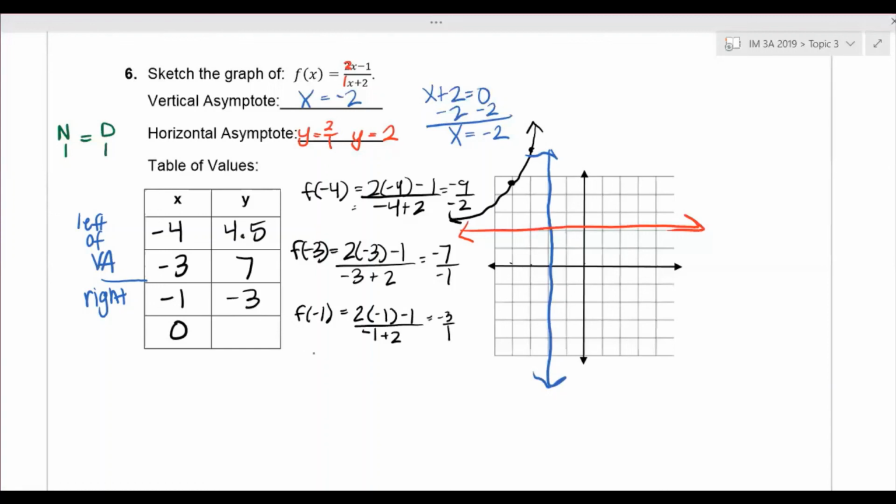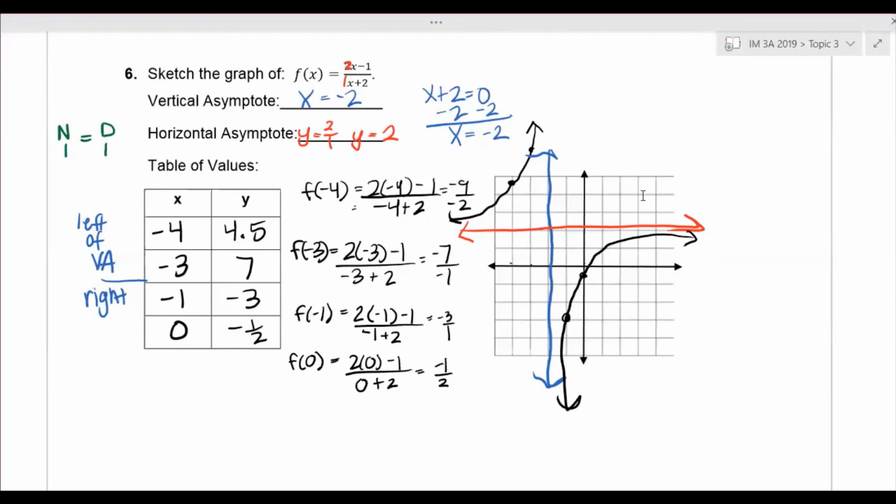And then when we plug in 0, 2 times 0 minus 1 over 0 plus 2 is negative 1 over positive 2, so negative 1/2. So for the other section of our graph, we're going to plot the points -1, -3, and then 0, -1/2. So that means that our graph will look like this on this side going through those 2 points.